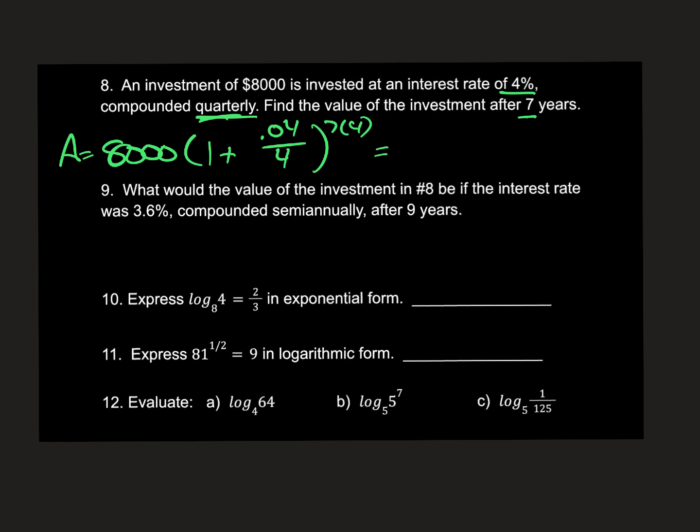So I'm going to punch that straight in: 8,000 times (1 plus 0.04 divided by 4) raised to the 28th power. And I'm getting this much money. Wow, that's $10,570.33. So almost $2,600 of interest in 7 years for doing absolutely nothing.